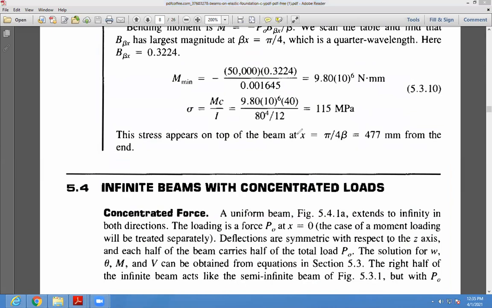So write down at x equal to pi by 4 beta, which is 477. The beta value is known to you, and from that you get x equal to 477 mm.